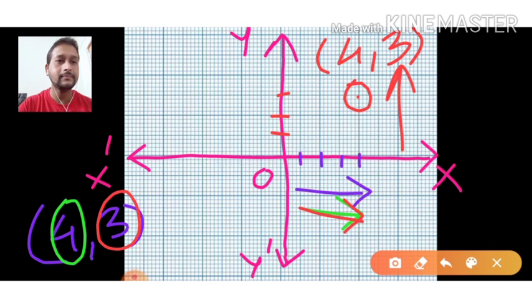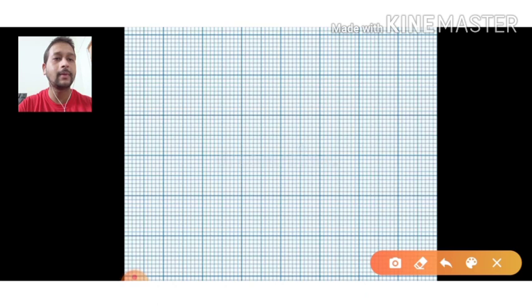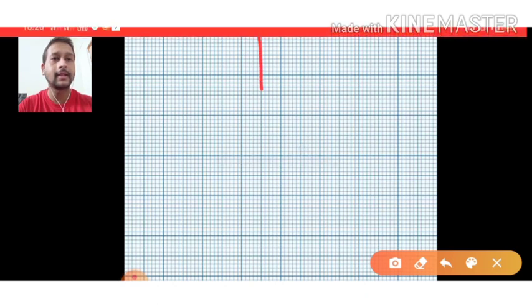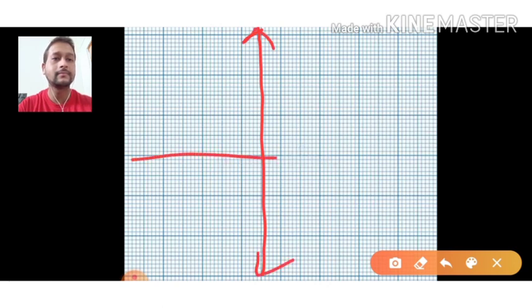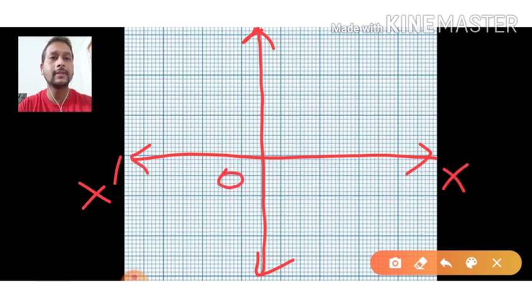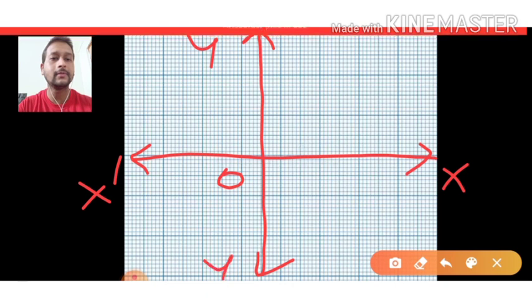Then you might be given, say, (-1, -1). We need the rectangular axes, so we'll draw them properly: X O X dash, Y O Y dash.